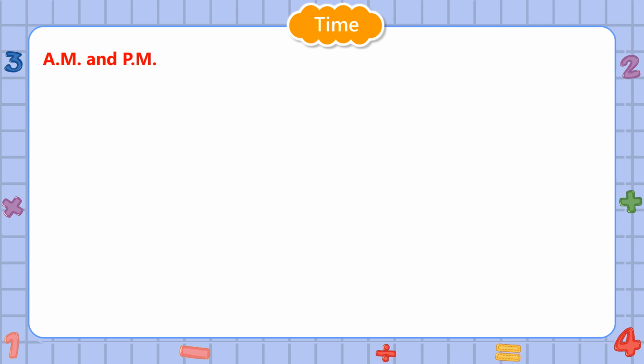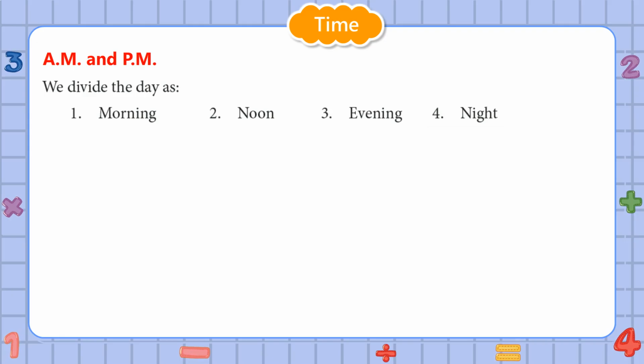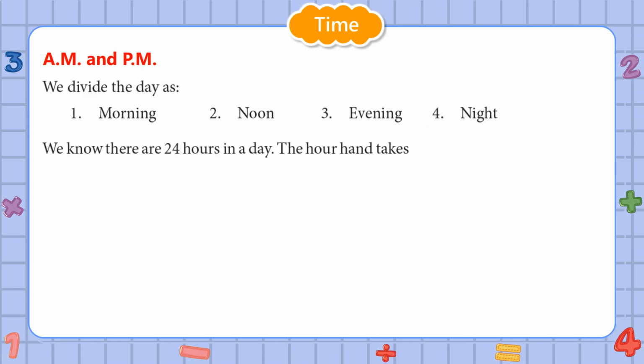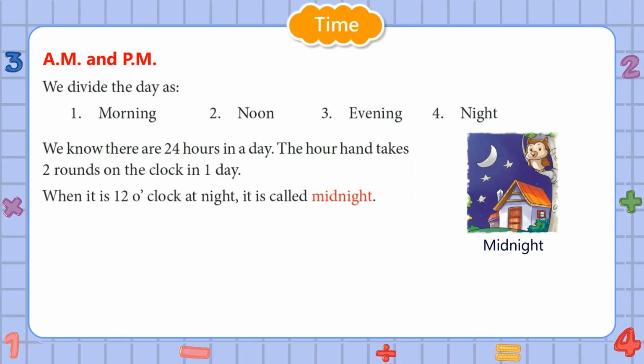AM and PM. We divide the day as morning, noon, evening, night. We know there are 24 hours in a day. The hour hand takes 2 rounds on the clock in one day. When it is 12 o'clock at night, it is called midnight.